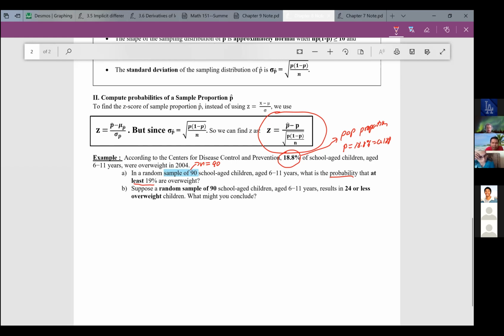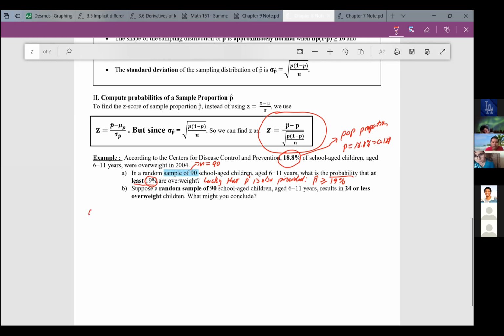And again, in this case, we are lucky that p hat is also provided. So p hat will be bigger than or equal to 19%. So you want to find out what will be the chance of at least 19% are overweight, all right?